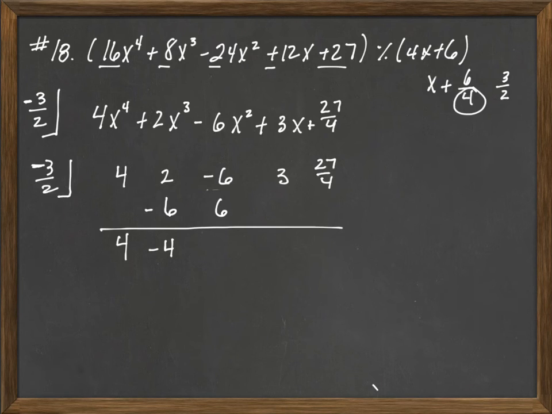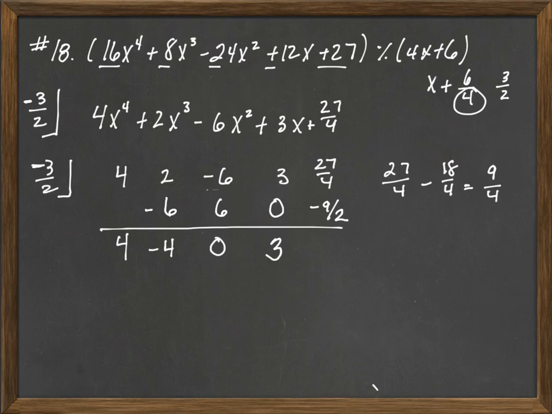So you get 0 here, and then that would be 0. So that's pretty easy. And, okay, now 3 times negative 3/2 would be negative 9/2. All right, so 27 over 4 minus 18 over 4 is 9 over 4.